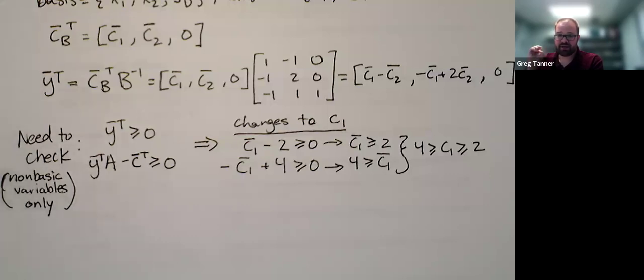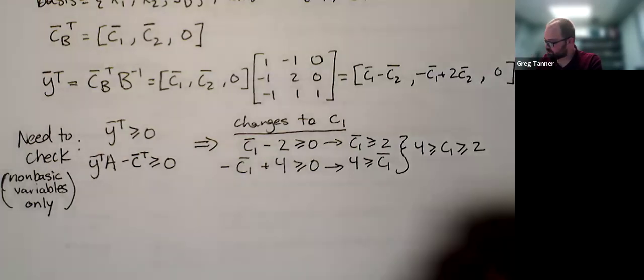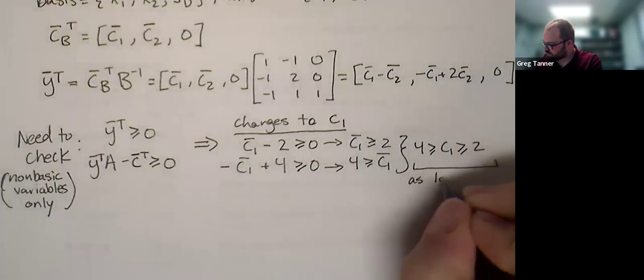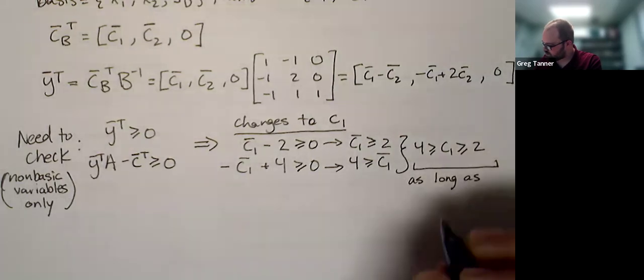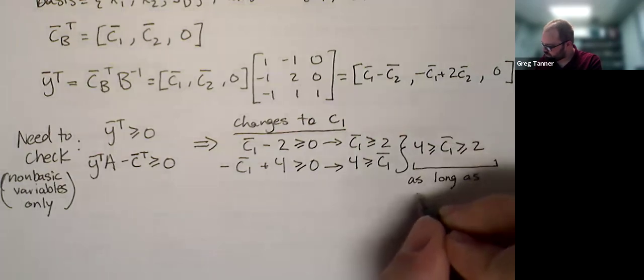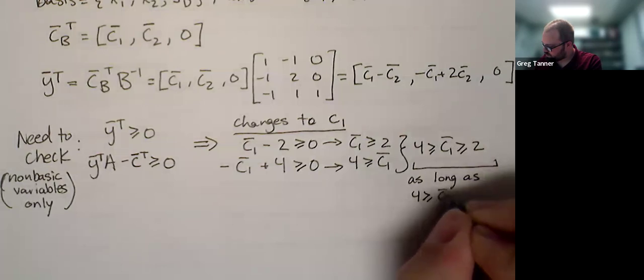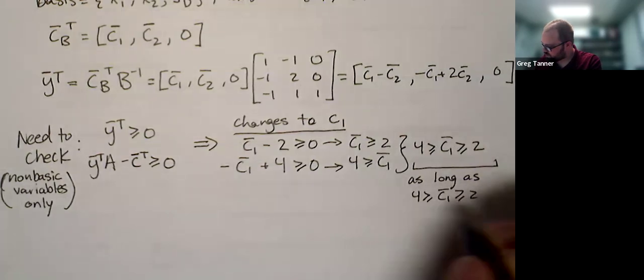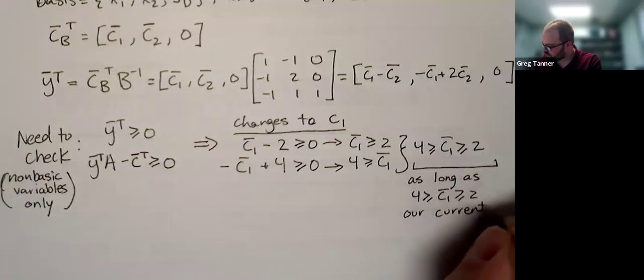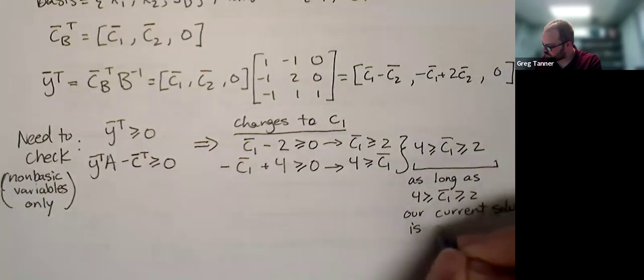We'll continue to make exactly 20 soldiers and 60 trains, as long as C1 is between 2 and 4. Our current solution is optimal.